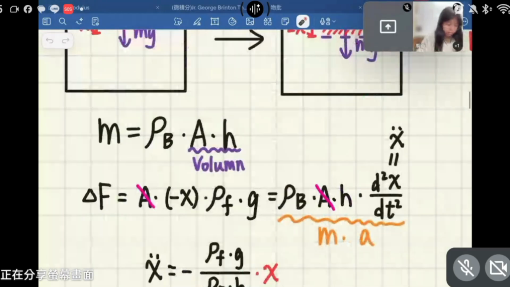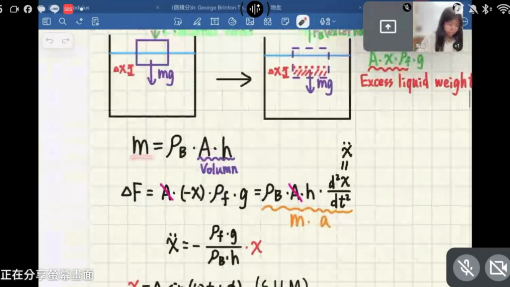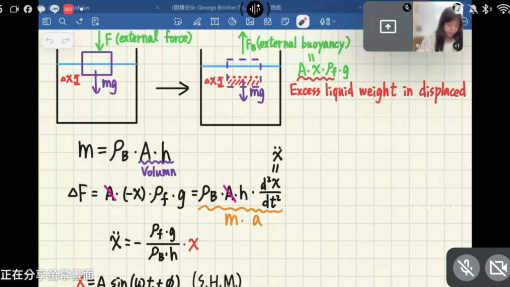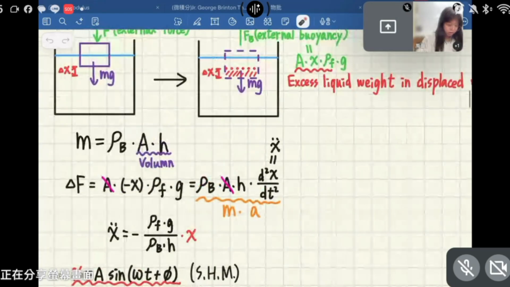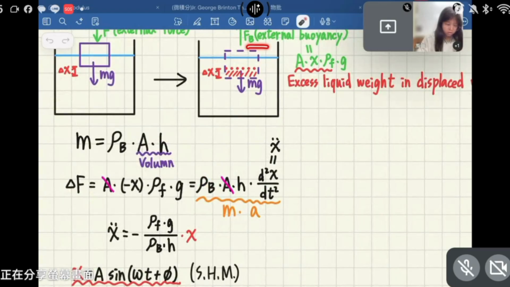The mass of the block, m, equals ρ_B times A times h, where Ah is the volume of the block. So the external force ΔF equals A times negative x times ρ_F times g.